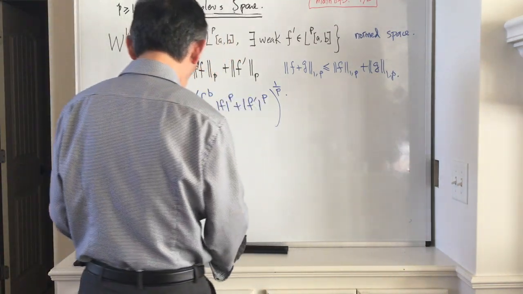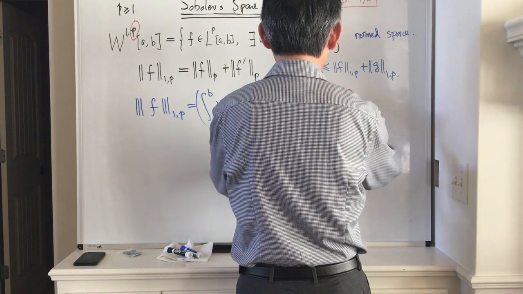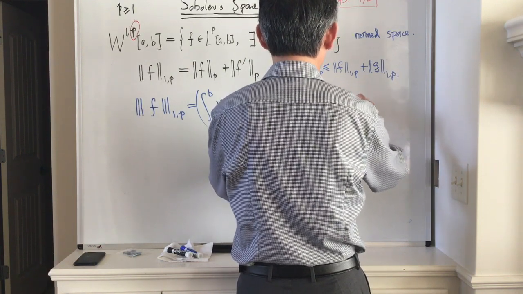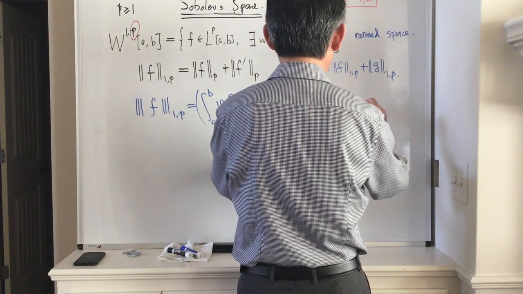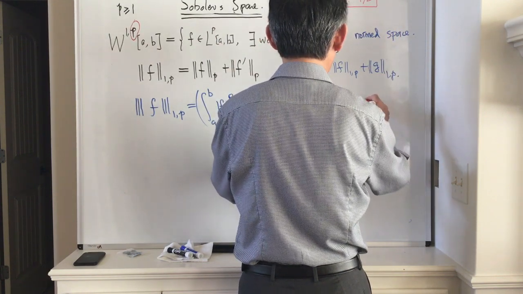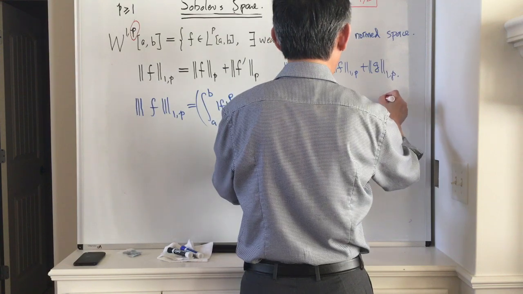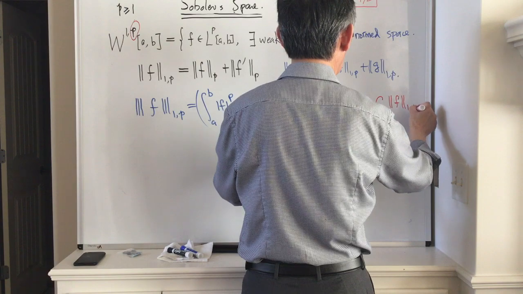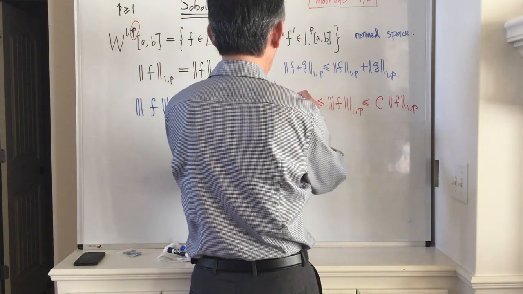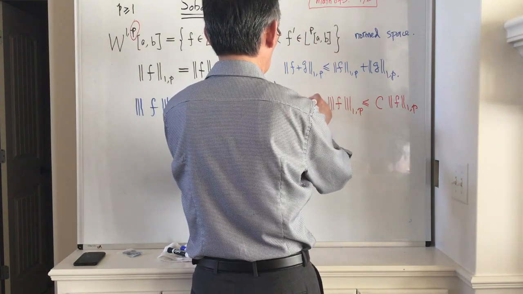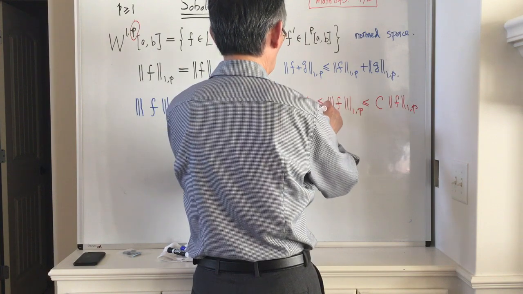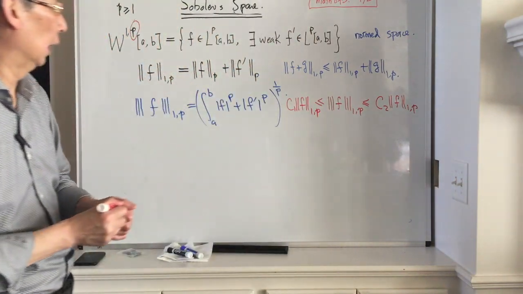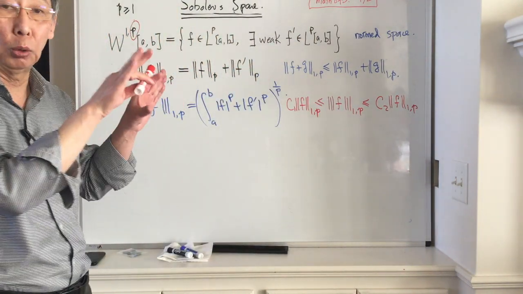The equivalence shows the following. If you look at this new norm, the norm with the quote, it is controllable by a constant times the norm we defined in the first place, in both directions. We call these constants C1 and C2. So this means that these two things are equivalent.